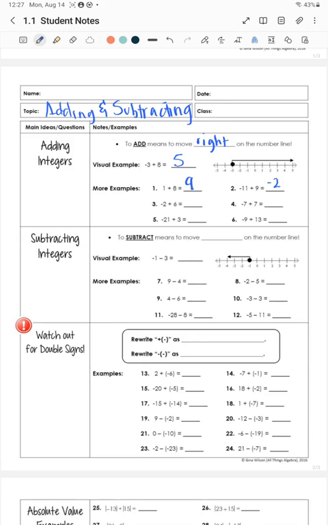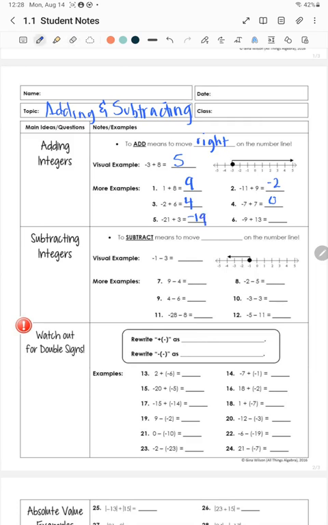If we started at negative 2 and moved over 6 steps to the right, we would end up at 4. If we started at negative 7 and moved over 7 steps, we would end up at 0. If we started at negative 21 on the number line and moved over 3 steps, we would end up at negative 19. Sorry, I miscounted in my head.